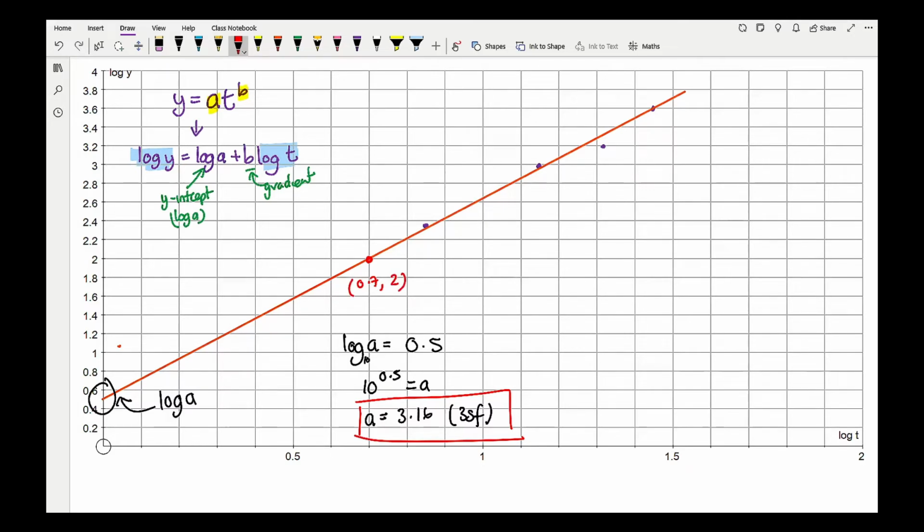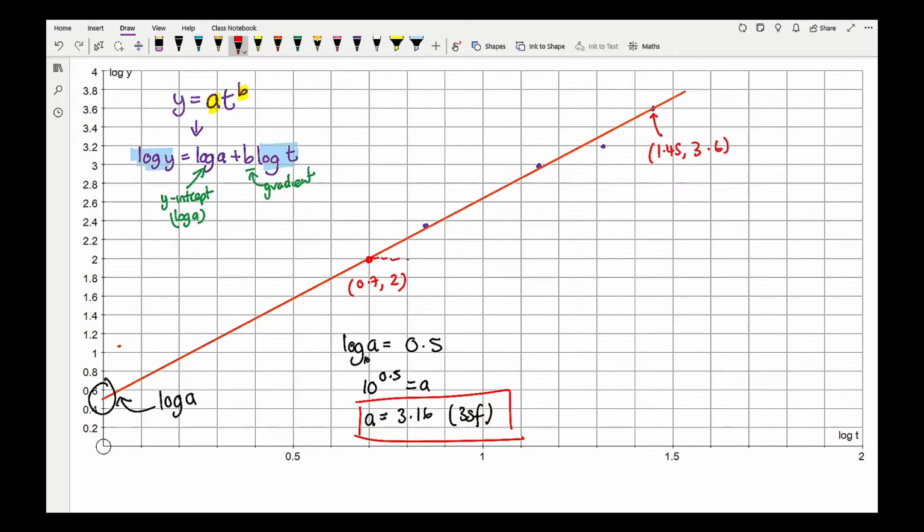And let's find another coordinate that fits nicely on a point as close as possible. Let's go for this point here, which has the coordinate 1.45 and 3.6. So those are the coordinates I'm going to use.